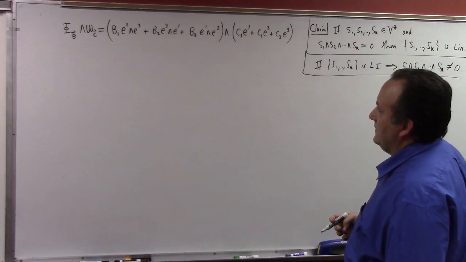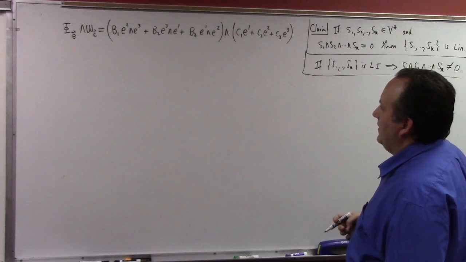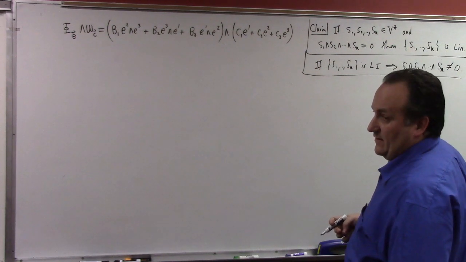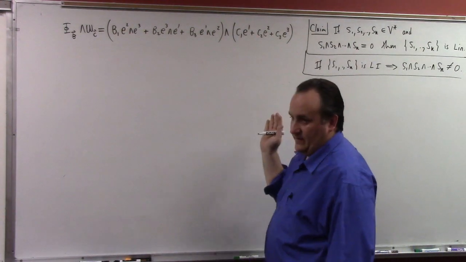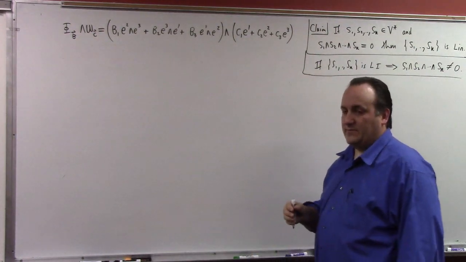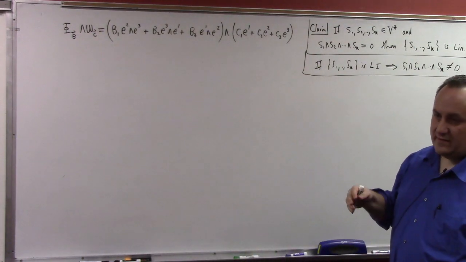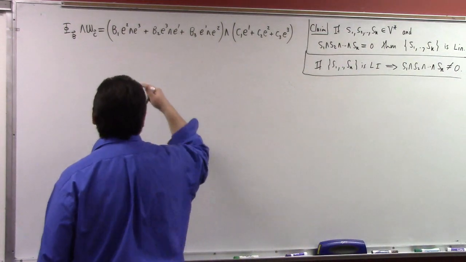So there's that. And then you take the wedge product, right? But how does the wedge product work? The wedge product works so that if there's any repeat, it's 0. So while in principle you've got a trinomial times a trinomial, which gives you 9 possible terms, 6 of those are automatically vanishing because there are only 3 which have distinct collections of 1, 2, 3 in terms of the wedge.